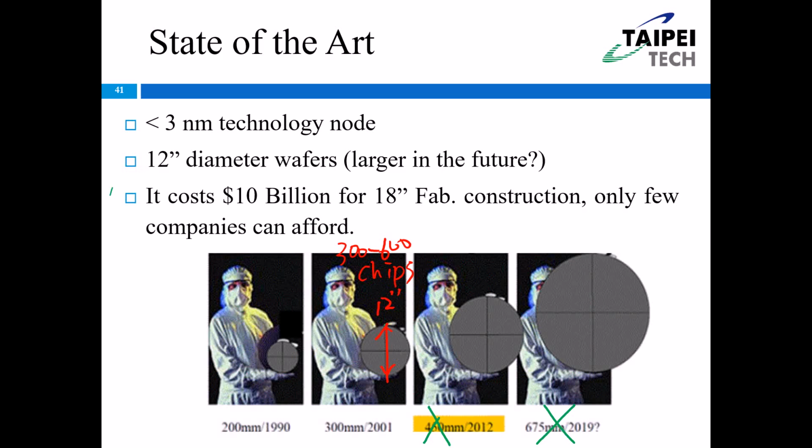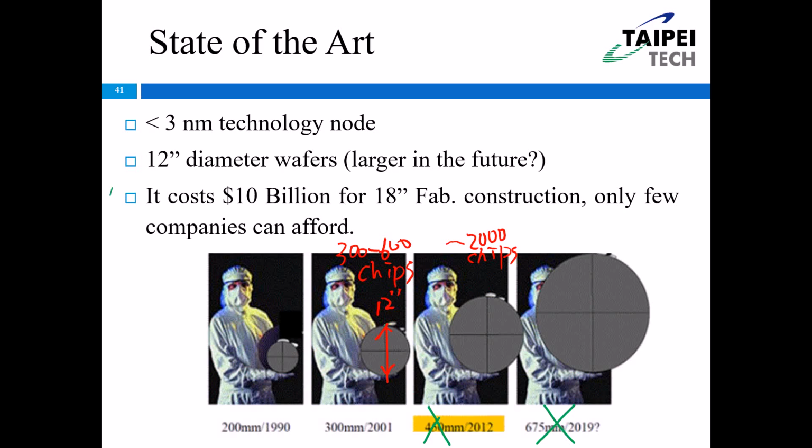So if I have the 18 inches silicon wafer, I don't know how many, but maybe over 2,000 chips. I don't know the real number, because nobody fabricates 18 inches silicon wafer. I just assume.